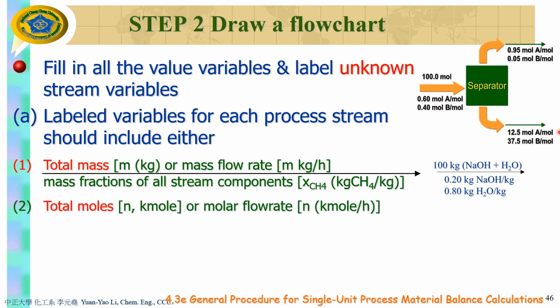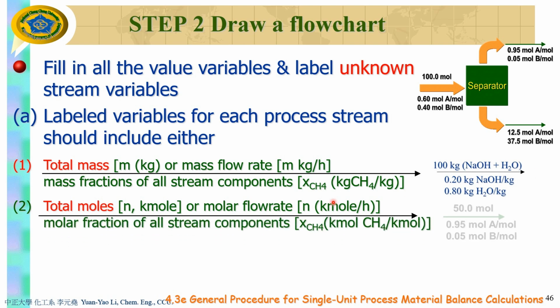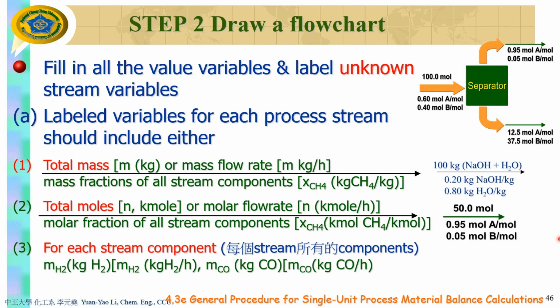The second one is, instead of mass, you use moles. Normally, in the gas phase, we use moles. In the liquid phase, we use mass, right? We also use the molar fraction, for example, 50 moles with 95% A, 5% B. And number 3 is, if you are not happy with this and don't want the fraction, you can put all the stream components.